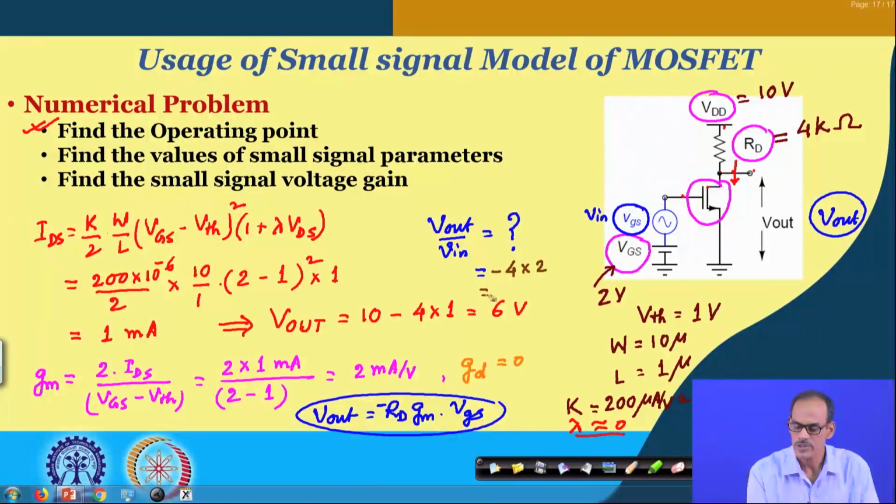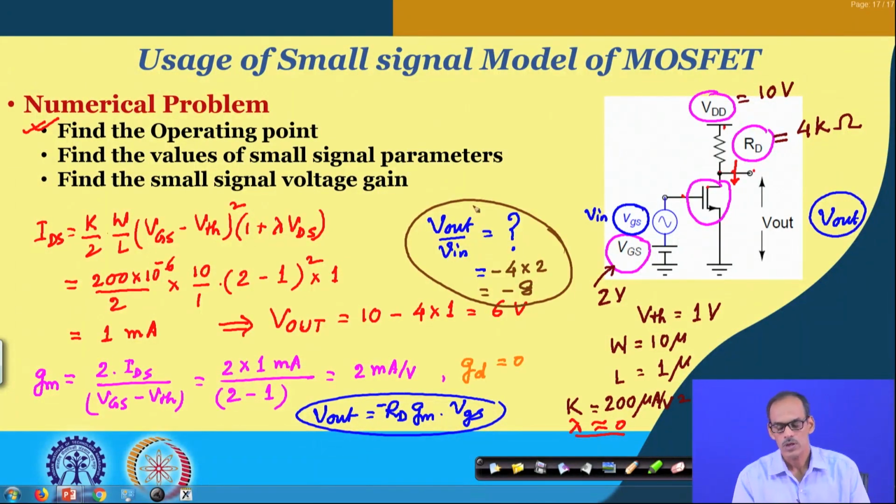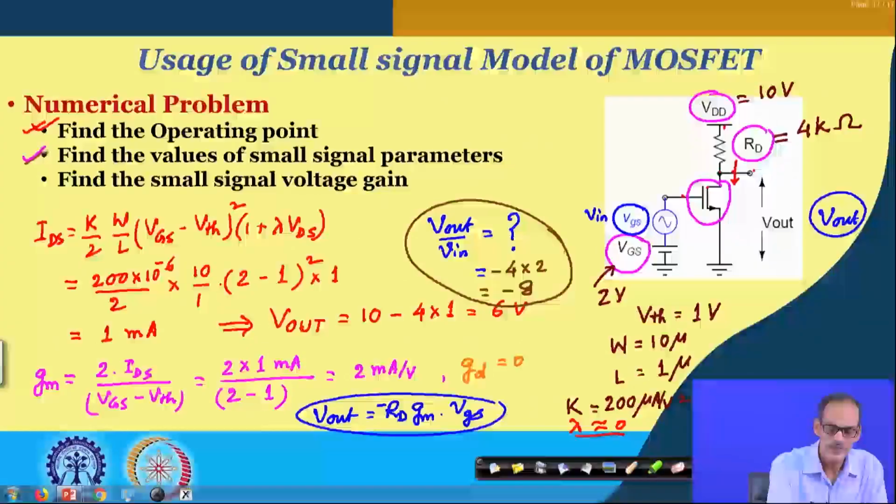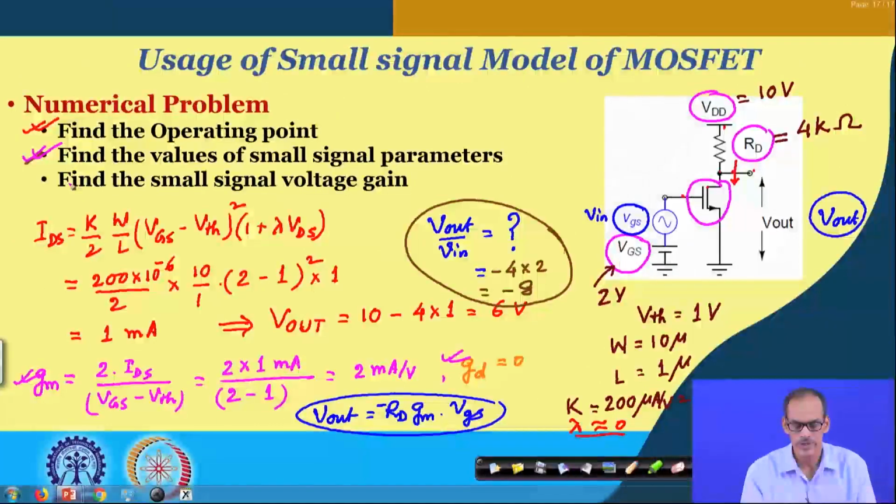So, that gives us the gain of 8. That gives us the final gain of the circuit. So, what we have done is that first we obtained the operating point, then we obtained the small signal parameter values, and then we obtained the small signal voltage gain.